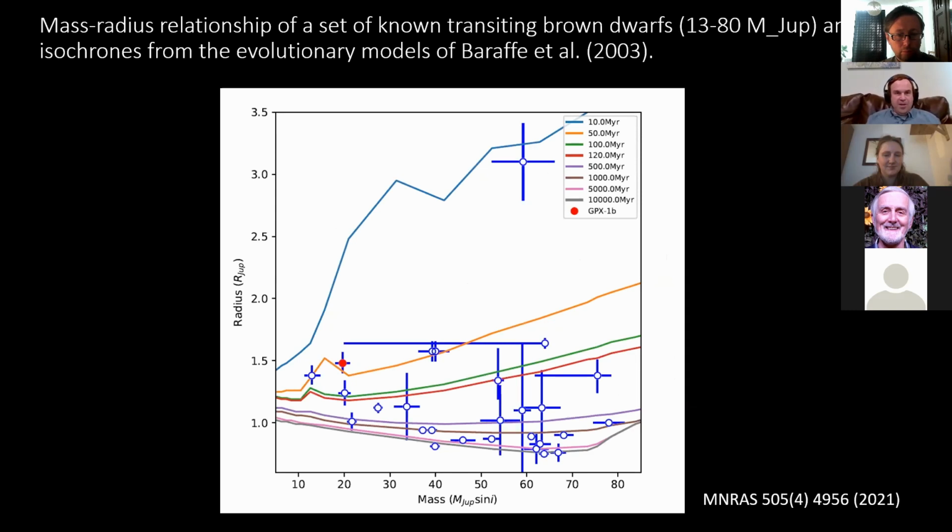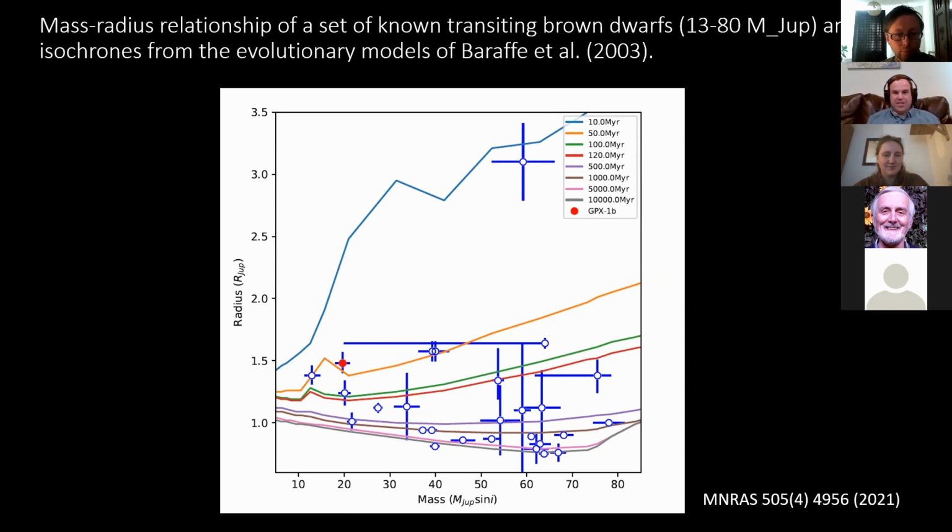Another type of model are these isochrones that try to peg down the age of the brown dwarfs, and GPX-1b is the red dot that you see in this, where you plot mass and radius. Based on the isochrone, from this method, it shows that it's a young system.